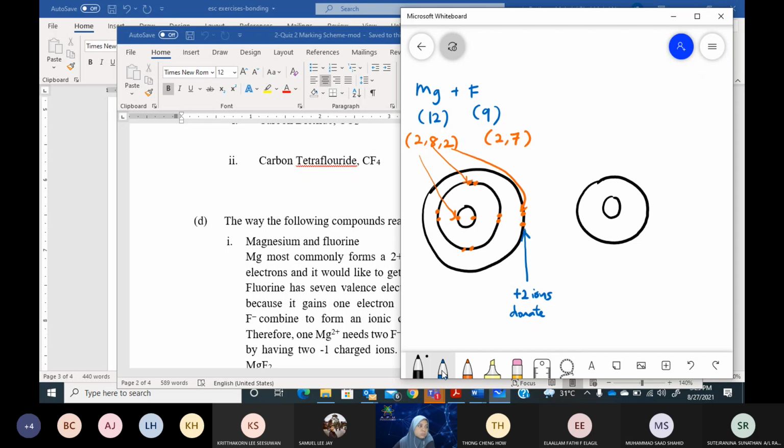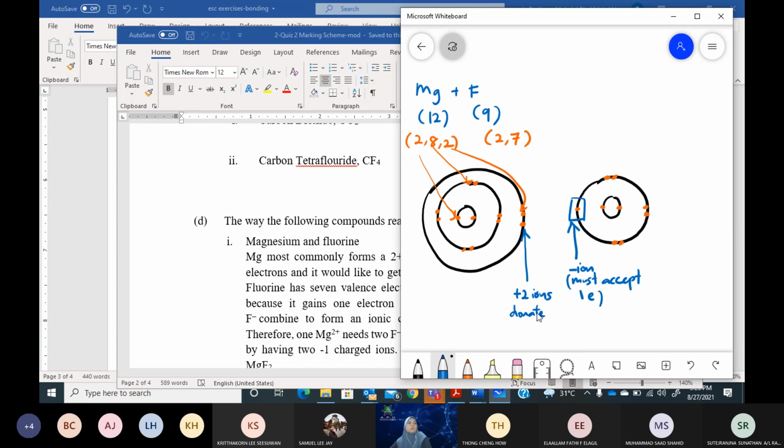2,7. To 8. Minus 1 ion must accept 1 electron.